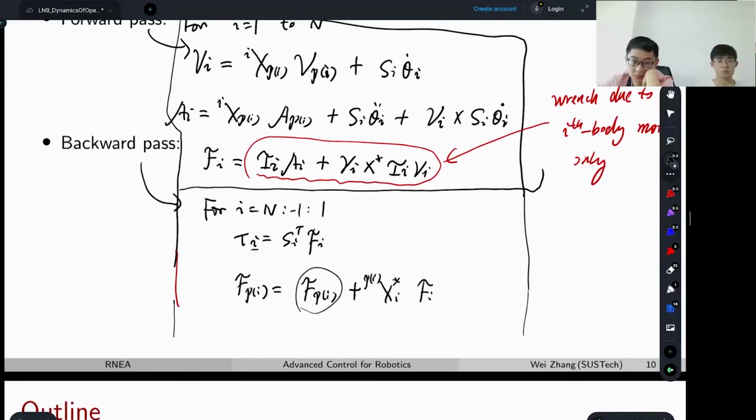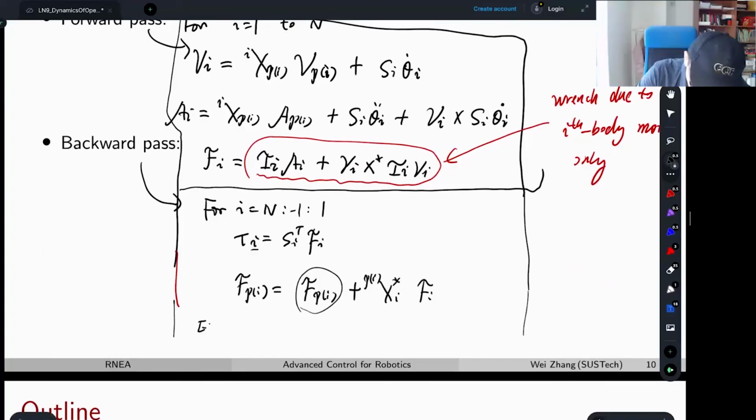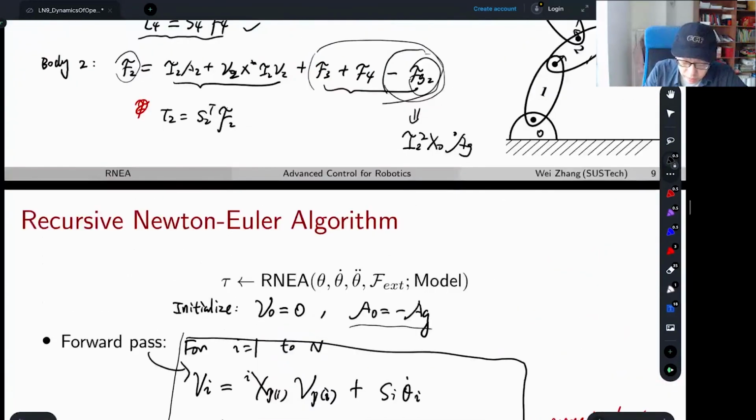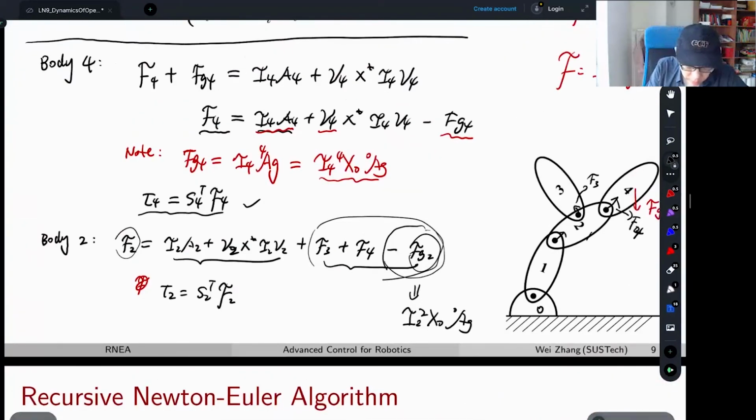That may take you a few seconds to maybe a minute to understand. After this iteration, all the forces will become correct. Exactly like this: after the first pass, this guy is determined. That's my F2, but that's wrong, right? The true F2 would equal this guy.